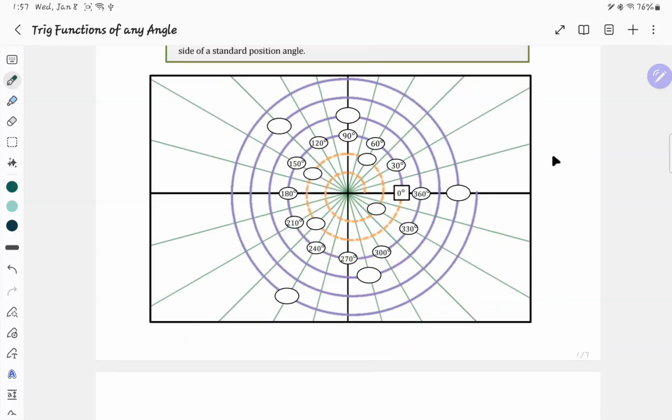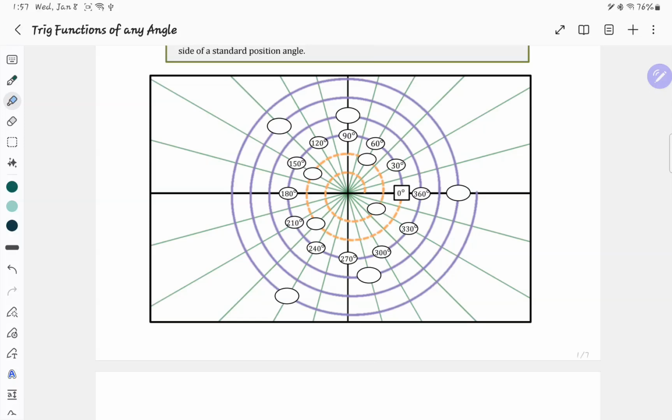So an angle at 0 degrees, if I go ahead and put that in, would be just right here on the positive x-axis, something like that. Not moving anywhere. Now, as soon as I start to travel away from that, I start to accumulate some space between the x-axis and what we call the terminal side.